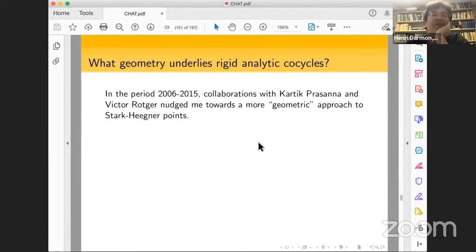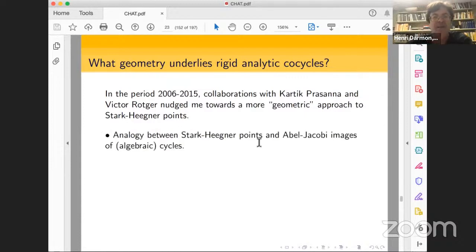But in the period between 2006 and 2015, I had other new collaborators like Kartik Prasanna and Victor Rotger, who in some sense nudged me towards an attempt at a more geometric approach to this theory of Stark-Heegner points. So there's a strong analogy between Stark-Heegner points and Abel-Jacobi images of algebraic cycles. This is something I really learned from my interactions with Kartik.